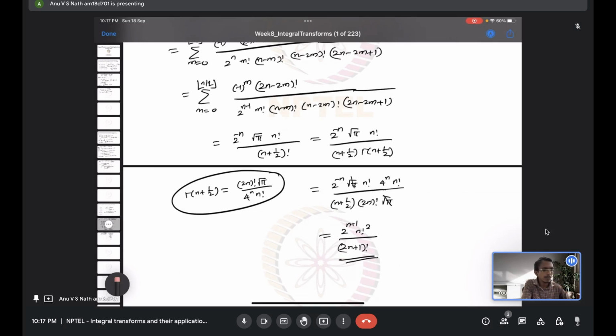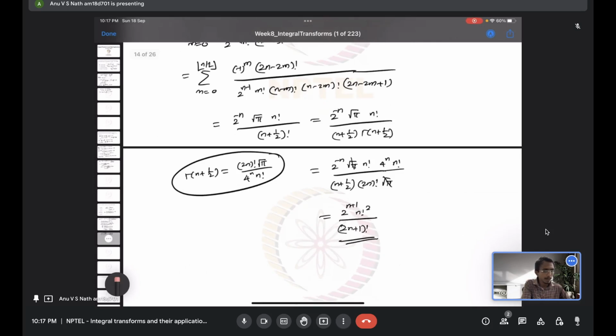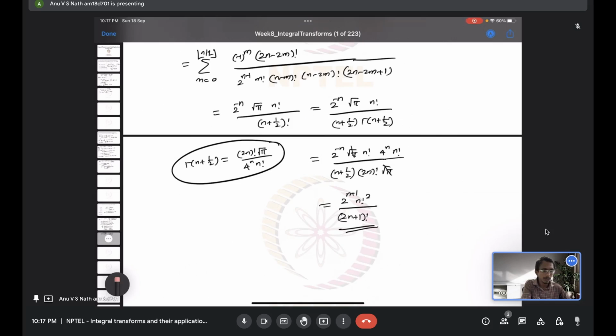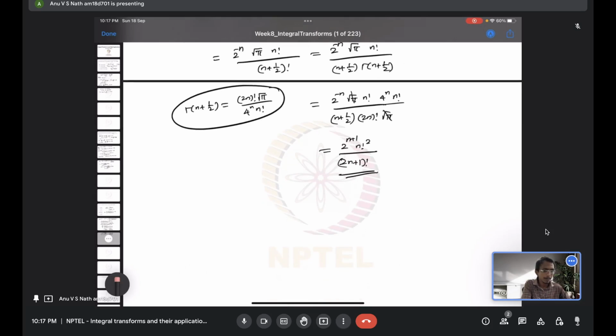You can always look it up in the table of summations, the reference books, and you will find it has some closed form solution. Okay, so no questions, we'll move to the next problem.